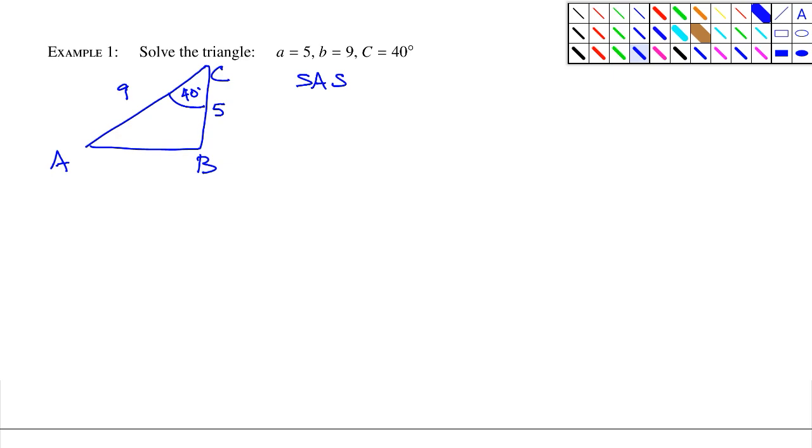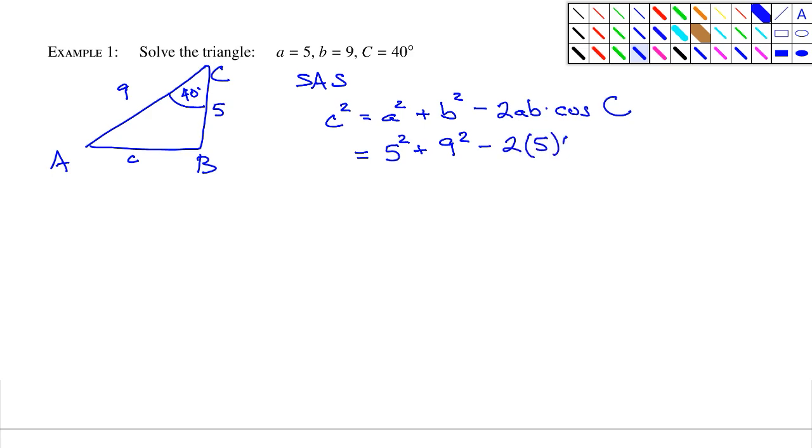So now we use the law of cosines. So we'll call this side C, and we have c squared is equal to a squared plus b squared minus 2ab times the cosine of c. We plug in the sides, so we get 5 squared plus 9 squared minus 2 times 5 times 9 times the cosine of 40 degrees.